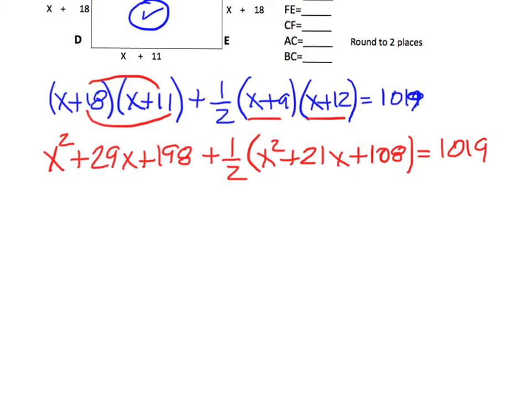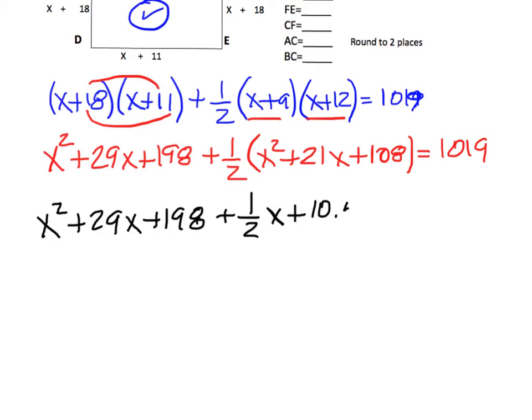Alright, let's run through and simplify some more. X squared plus 29x plus 198 plus 1/2 x squared plus 10.5x plus 54 equals 1019. And you need to add like terms in here now.